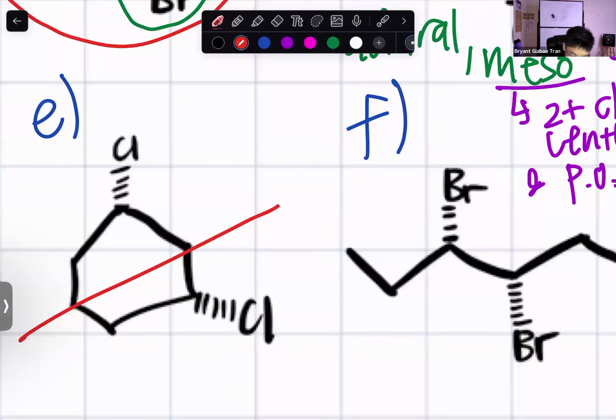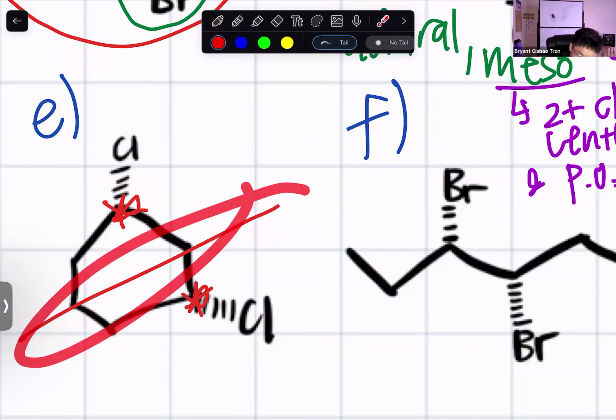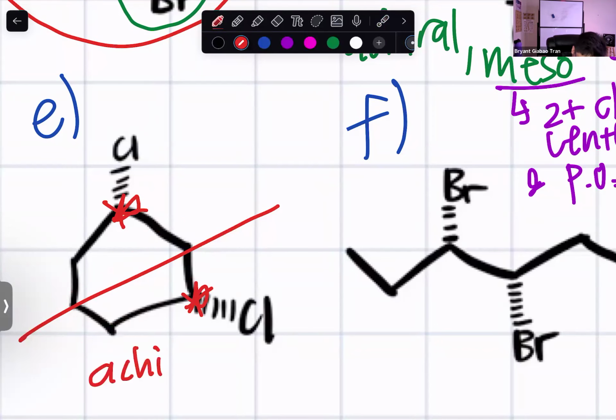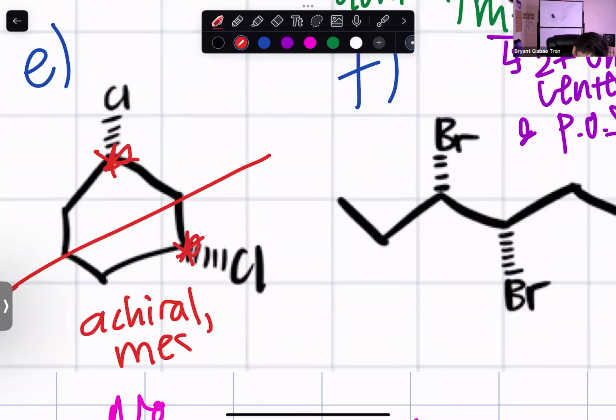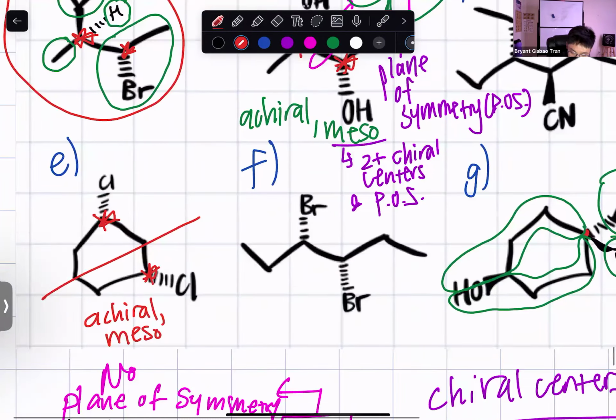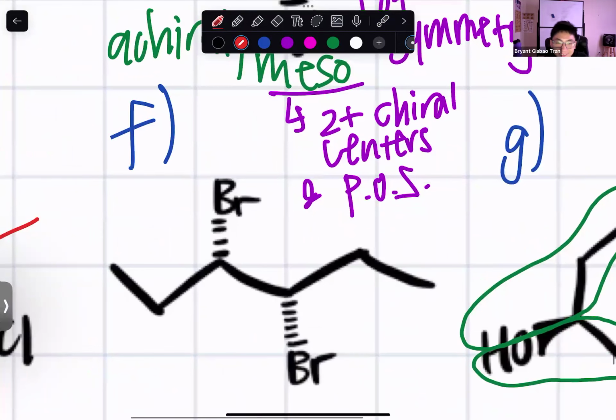Two chiral centers, right? One here and one here. And if we have two chiral centers and a plane of symmetry, it's achiral. But what kind of achiral is it? Meso, achiral and meso. Nice. Okay, how about F?